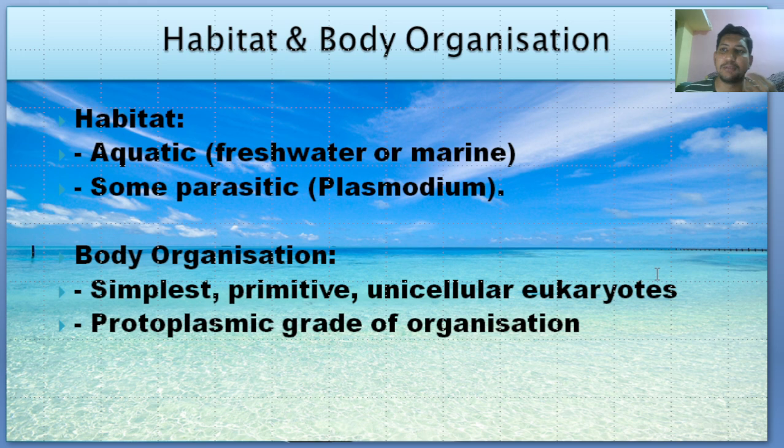Body organization: they are simple, primitive, made up of a single cell, therefore they are called unicellular eukaryotic organisms. The grade of organization is the protoplasmic grade of organization. It means they have a single cell, and that single cell performs all the activities of life.